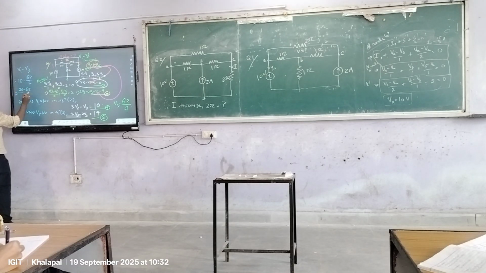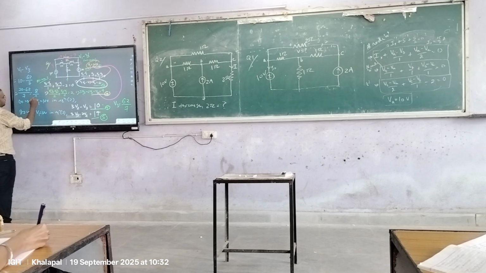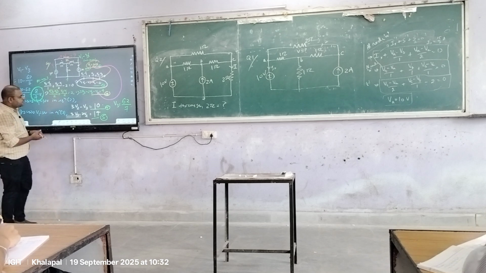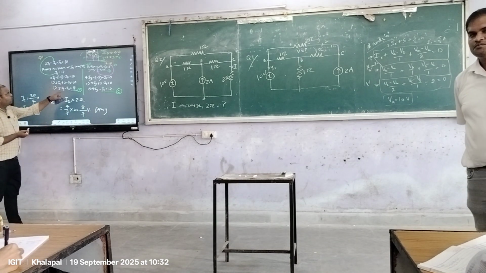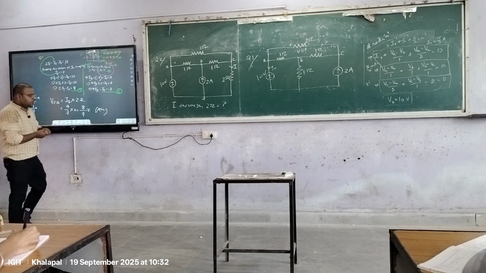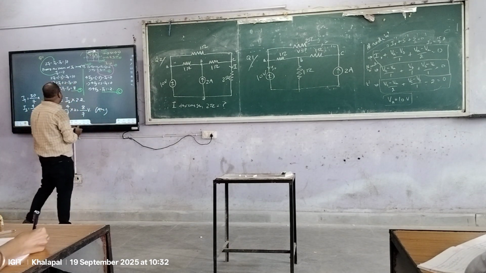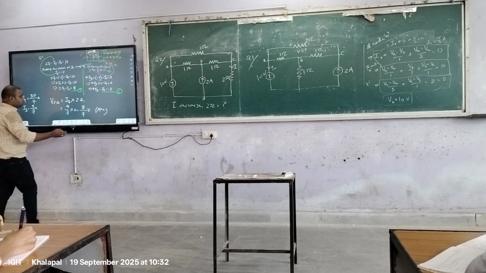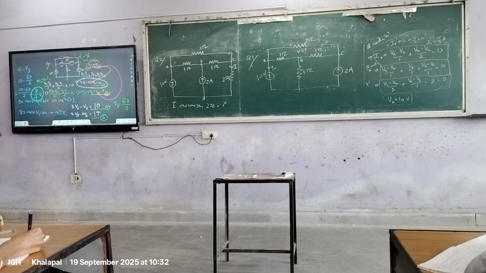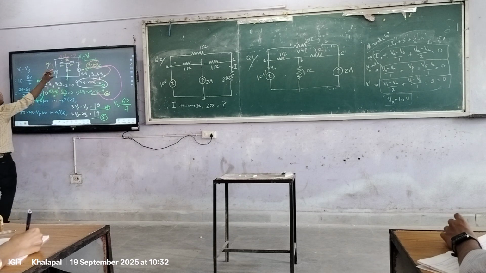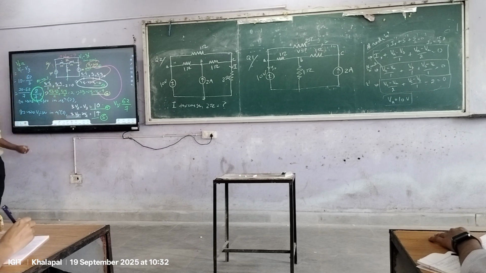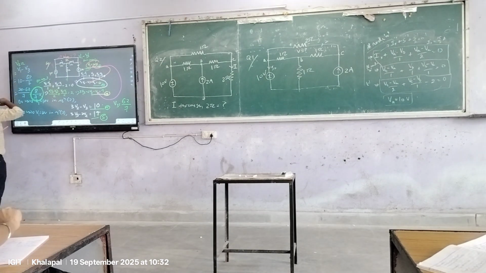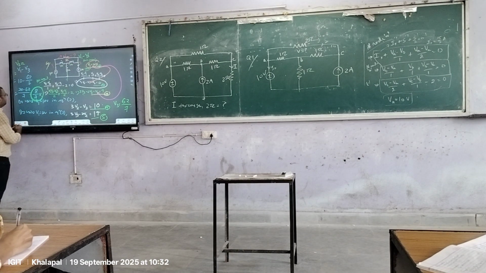70 minus 62 by 7 is equal to 8 by 7. Yes, we are getting the same answer, right? In the nodal analysis we get the same answer, 8 by 7 volt. So it is V1 minus V3, which is 10 minus 62 by 7, that is 70 minus 62 by 7, yes, 8 by 7 volt.